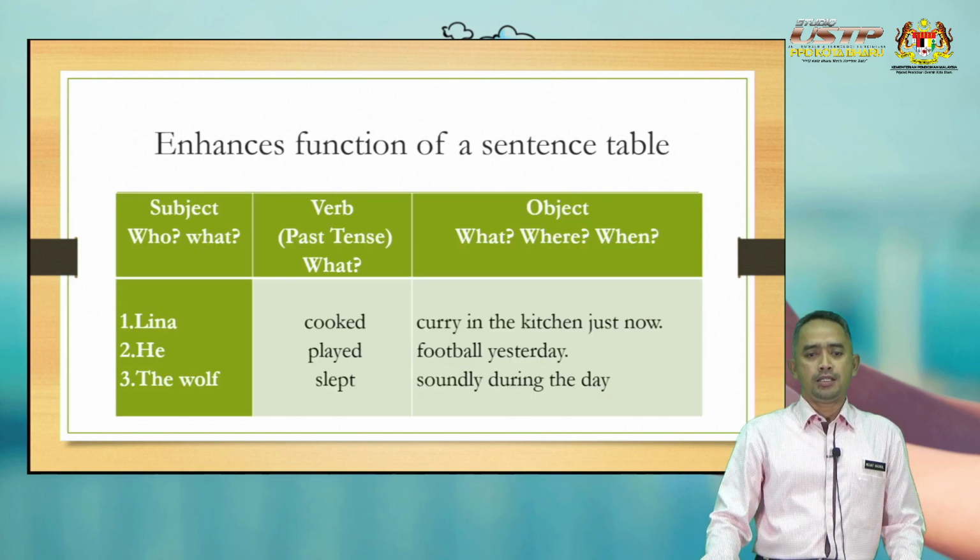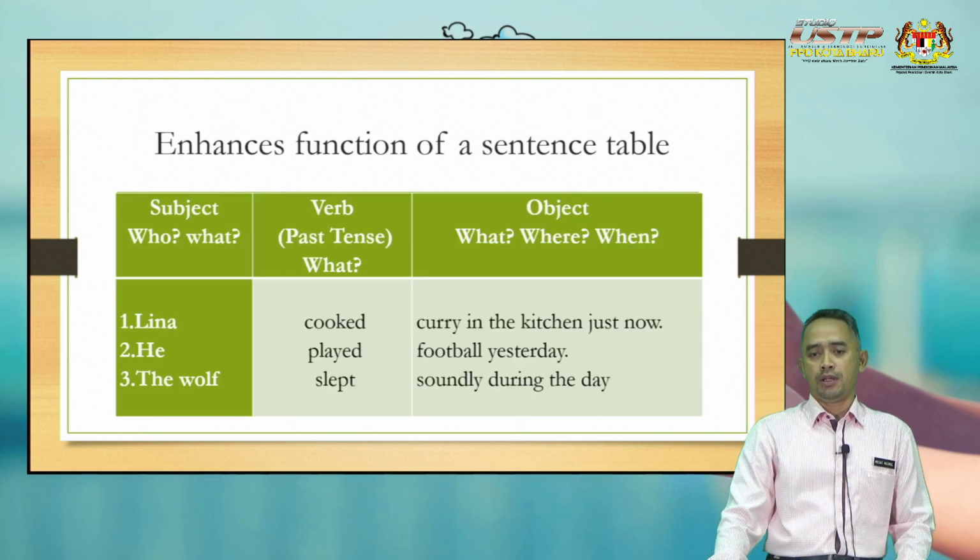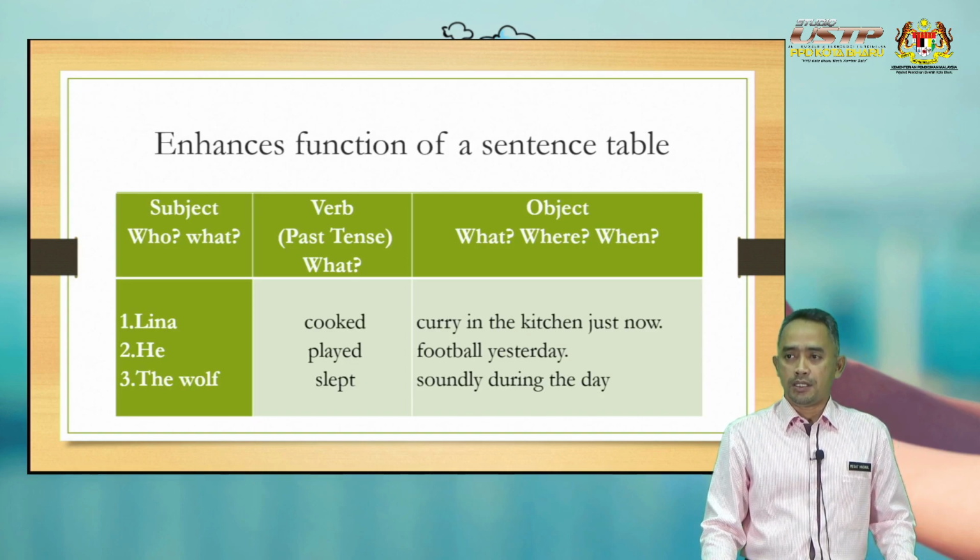The teacher explains the function of a sentence table. This is a sentence table. It contains subject, verb, and object. For the subject, we refer to who and what. For the verb, in past tense, what are they doing?